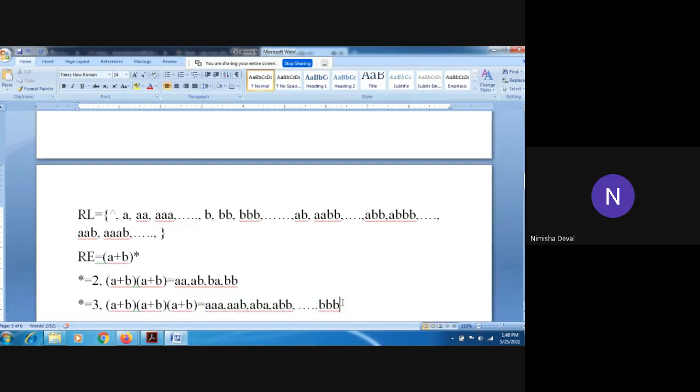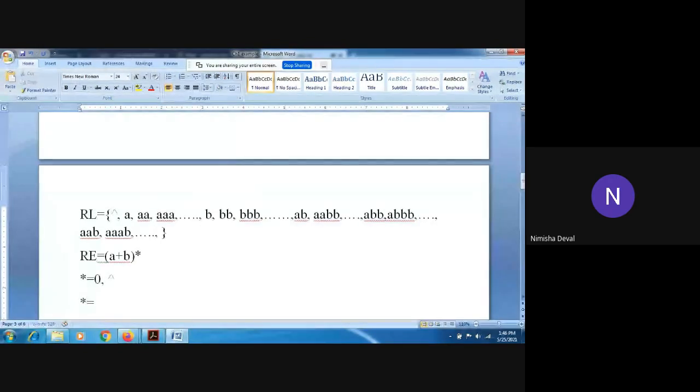Okay, understood? Just I will mention here, whenever you write star is equal to 0, in that case null will be there. Only null value will be there. Then star is equal to 1, in that case only a single bracket (A,B).